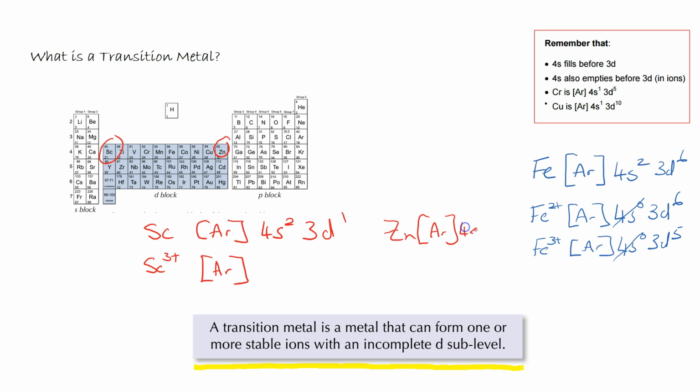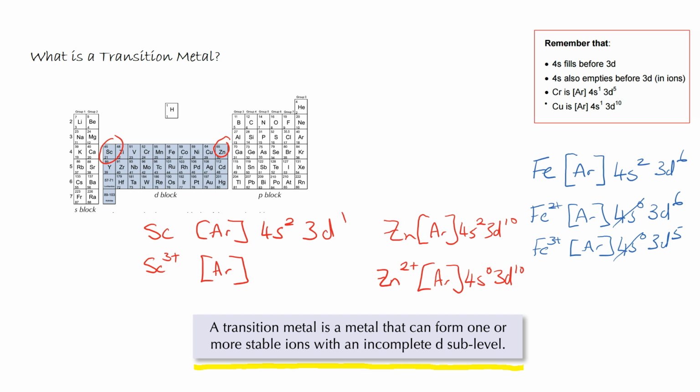Also zinc: if we look at the configuration, we'd have Ar, 4s2, 3d10. We typically only get Zn2+, and therefore because we lose from the 4s first, we have 4s0, 3d10.